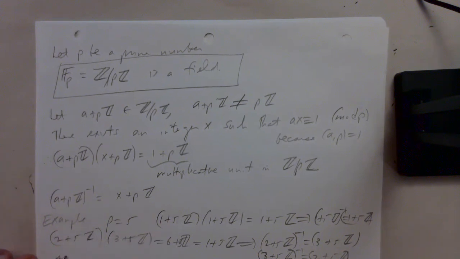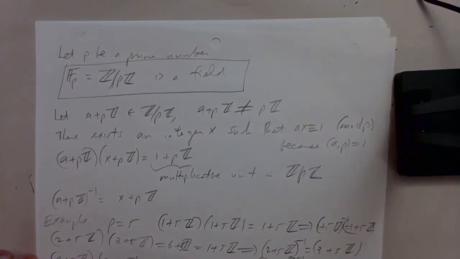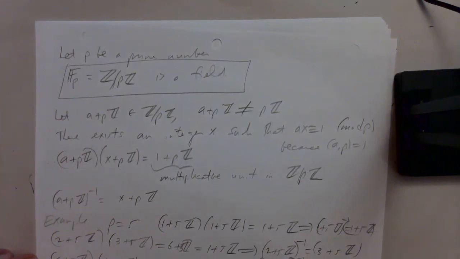What about 4 plus 5Z? Well, 4 plus 5Z times itself is 16 plus 5Z, which is 1 plus 5Z. So the inverse of 4 plus 5Z is 4 plus 5Z.